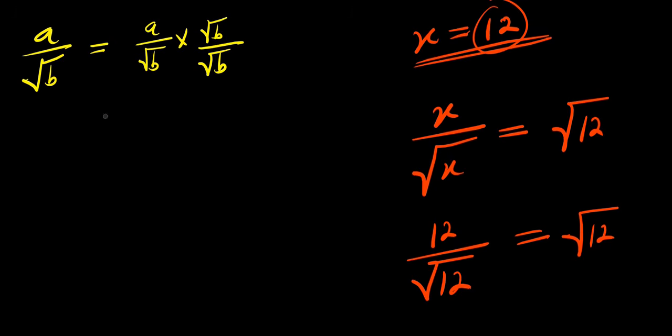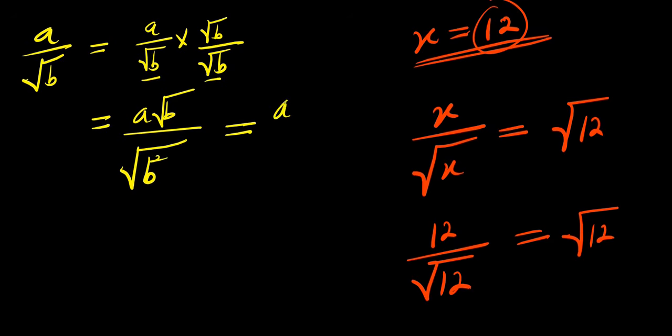And from here, you can have a times square root of b, that is a square root of b, divided by square root of b times square root of b. This will give you square root of b times b, that is b squared, right? So from here, you have a times square root of b divided by b; the square root here cancels this square here. So what you are going to have is just b.